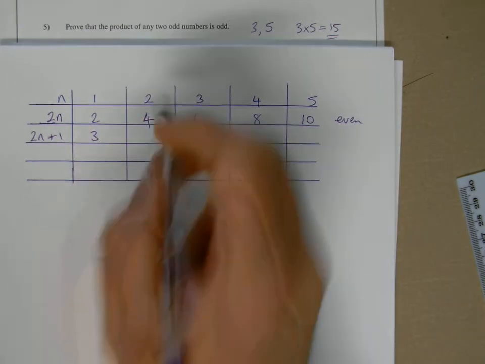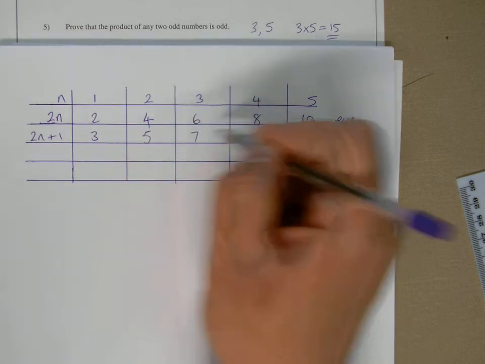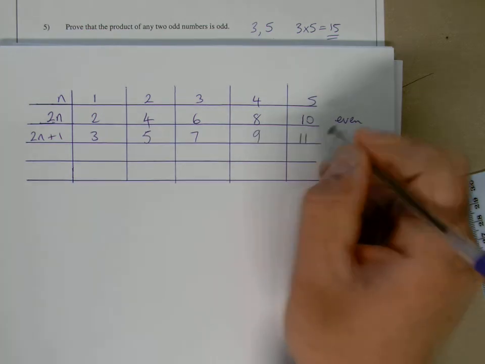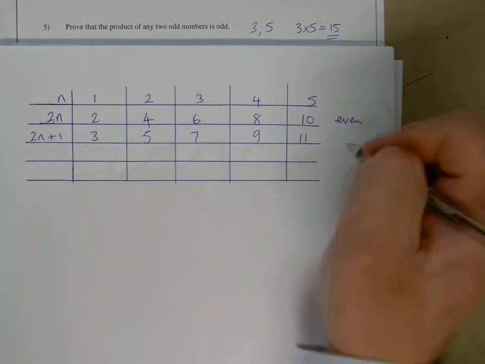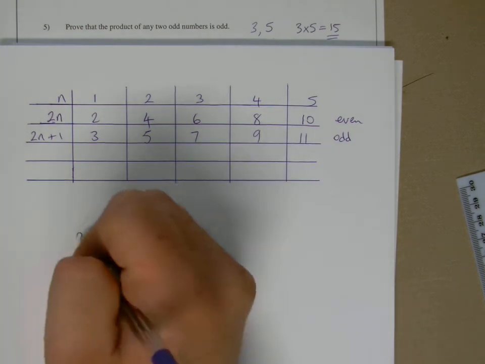Add 1 to 4, I get 5. Add 1 to 6, I get 7. Add 1 to 8, I get 9. Add 1 to 10, I get 11. Notice these are the odd numbers. So 2n plus 1 I can think of as an expression of an odd number.